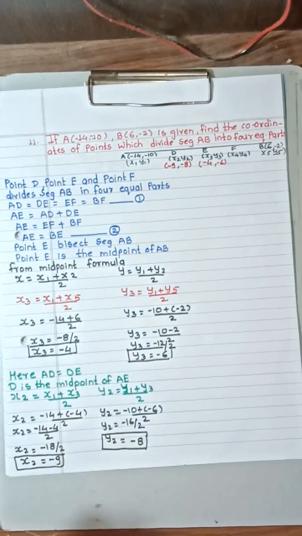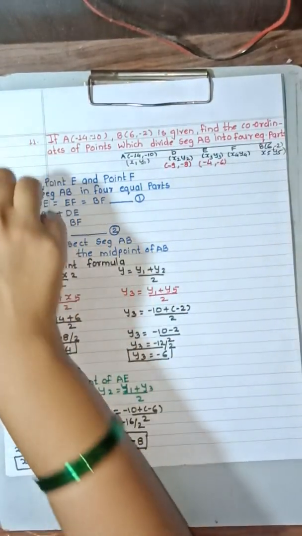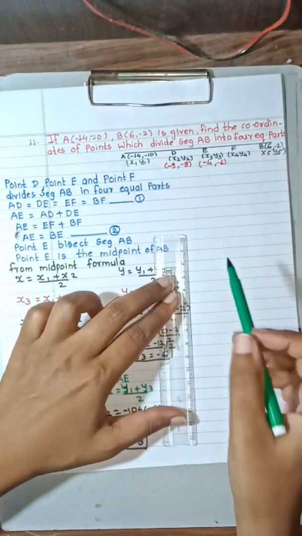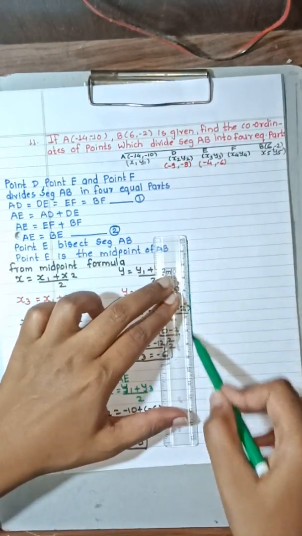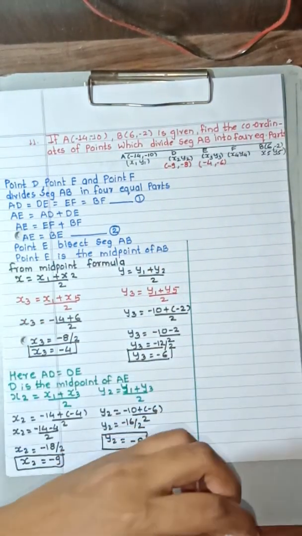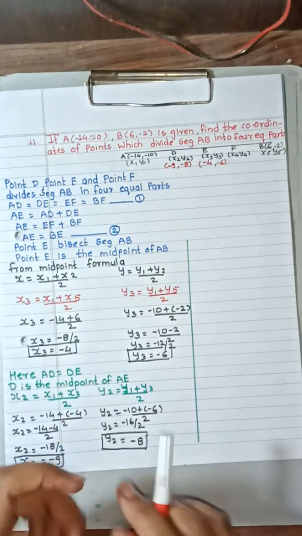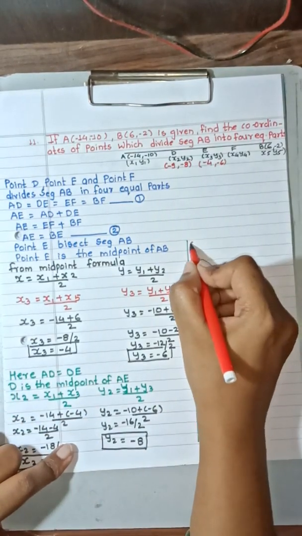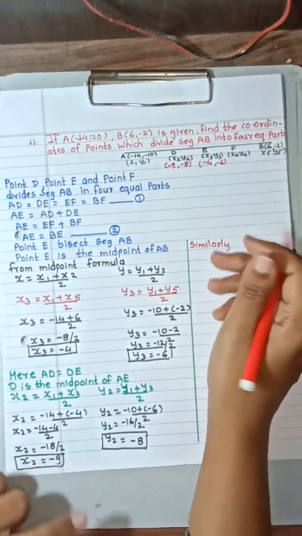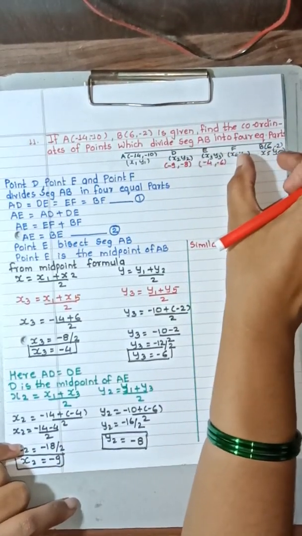Okay, now we are going to find out the coordinates of F. So for that I will just draw a line to partition over here. Okay, now similarly you know that this EF is equal to BF.